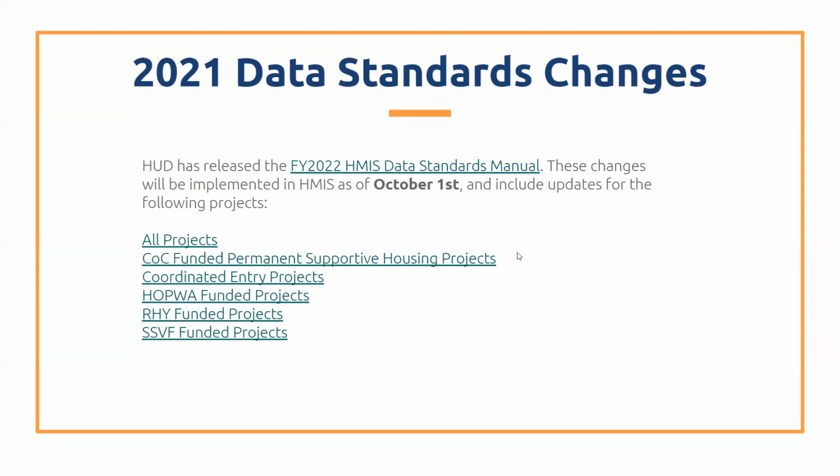That is what is in the HMIS data standards manual: all of those required data elements, who needs to collect that information, when during the client's enrollment it needs to be collected, and the answer options for those questions. These changes are going to be implemented in HMIS as of October 1st.